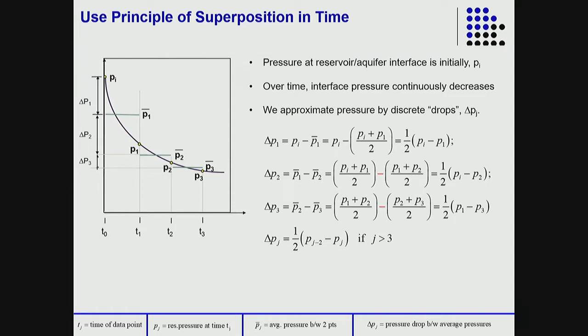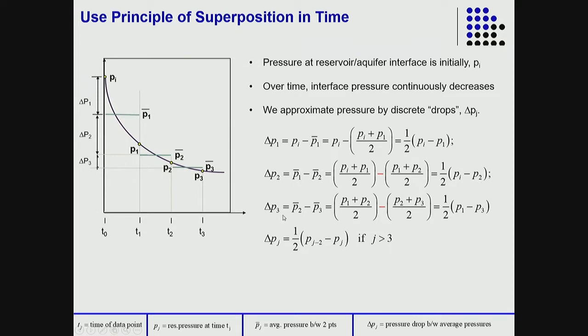And delta P1 is 1/2 Pi, that's the initial pressure, minus P1. So what you would be given is a table of time versus pressure, right? So reservoir pressure, that's going to come from probably pressure gauges in your wells. Delta P2 is 1/2 times the initial pressure minus your pressure at the second time step.